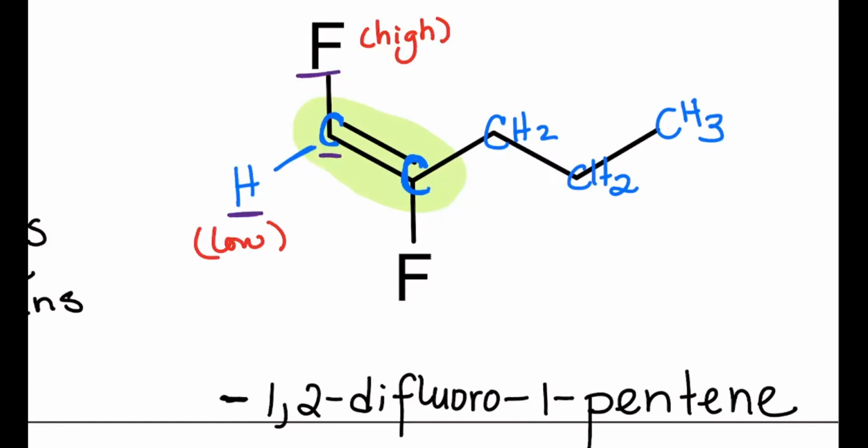We are comparing fluorine to carbon, because carbon is what is attached to the other carbon, right? So who has the higher atomic number, carbon or fluorine? Great, fluorine again. So that means that fluorine gets a high priority label. This whole group where the carbon is at gets a low priority label.